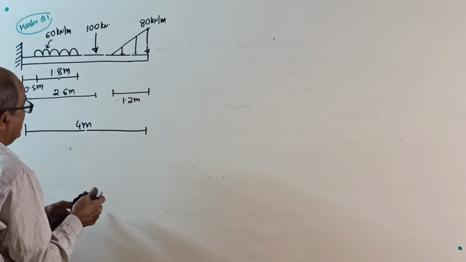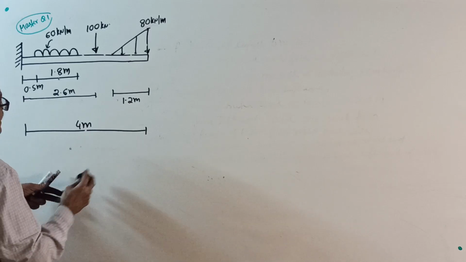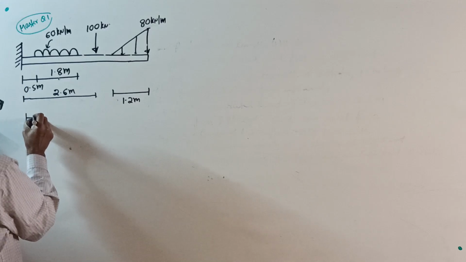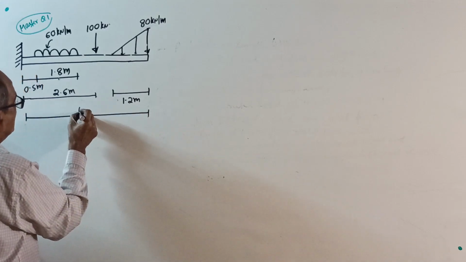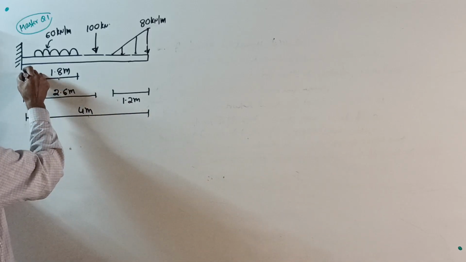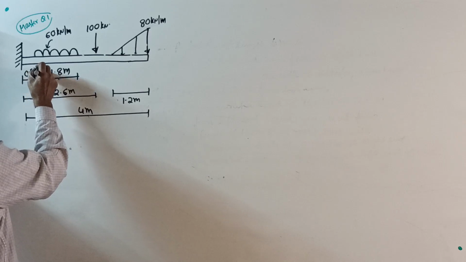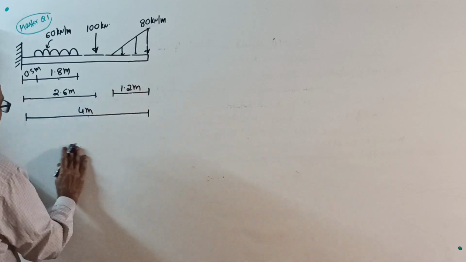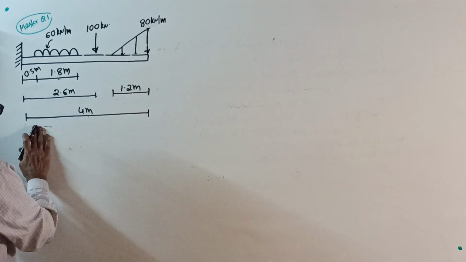This is what I have sketched here. I can shift it a little higher. 4 meter. Everywhere I wrote, okay, I write 0.5 meter here. It looks very ugly, one place you write below, one place you write above. 1.2 meter.